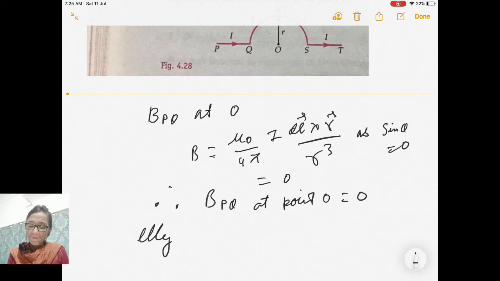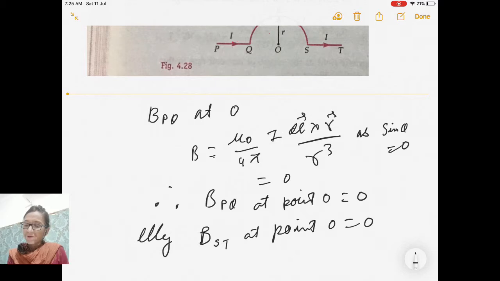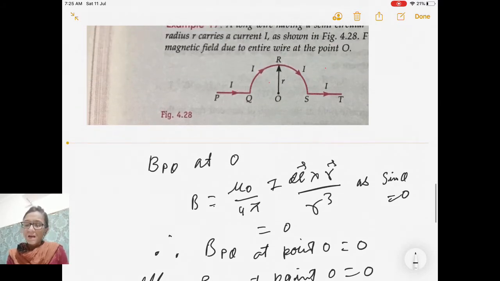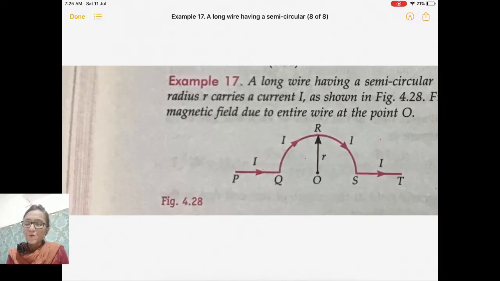Similarly, B of wire ST at point O is equal to 0. So each time you have a magnetic field due to a straight wire in the same direction, the magnetic field will be 0.